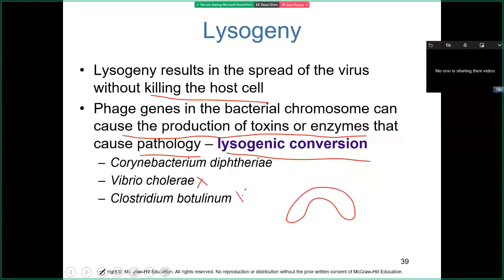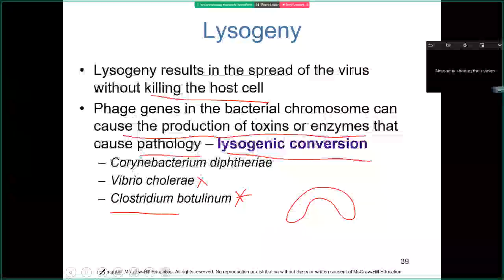And then botulism, food poisoning, is caused by a Clostridium species. And remember the genus Clostridium? Those are gram-positive rods that are spore formers, endospore formers. And this particular species, botulinum, is the causative agent of botulism, food poisoning.